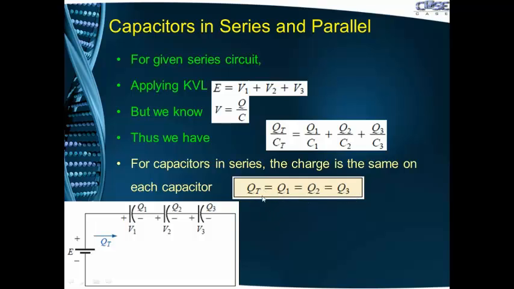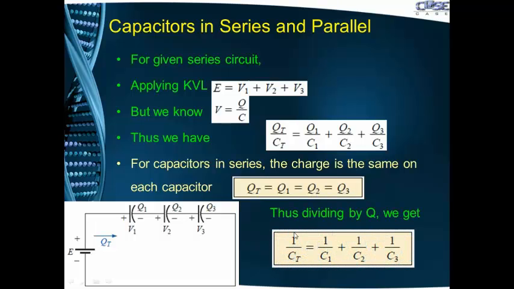So Qt would be equal to Q1, Q2, Q3. Then by dividing by Q, if all these charges are equal, we can take them common from this equation and they would be cancelled, and we will get 1 over Ct equal to 1 over C1 plus 1 over C2 plus 1 over C3.